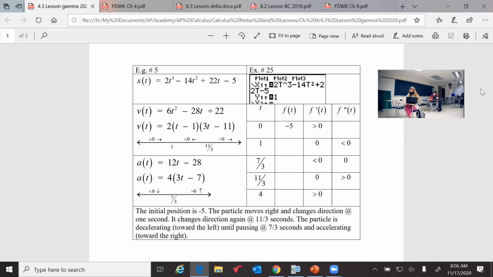And again, this is the final copy of the H chart. When you have a rough draft, you need to leave some space in here. Because how would you know that you're going to need space for 7/3 until you set the second derivative equal to 0? So you leave some room, or you do a rough draft.